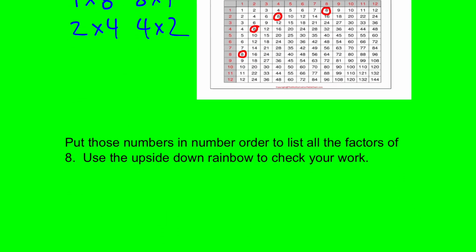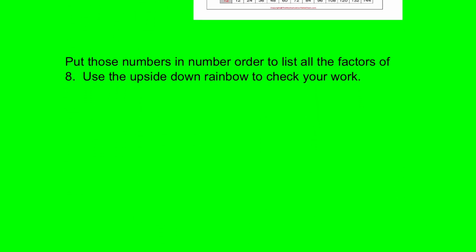And then I had them put those numbers in number order, from smallest to largest. And I had them use something called upside down rainbows to check your work. So if you take the number 8 and list the factors of 8 in order, you would have 1 and 8.